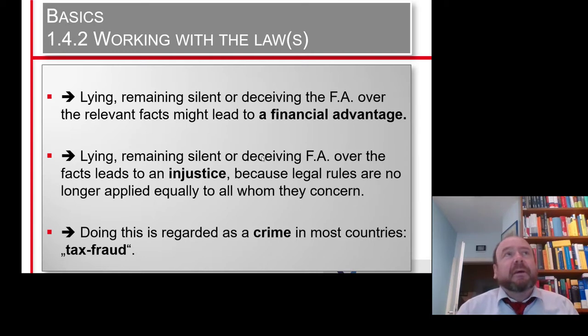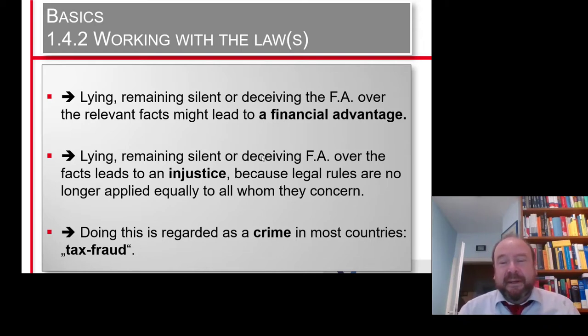Naturally, if you lie to them, and that entails a higher tax than correct, they would probably just regard you as an idiot and don't complain. For example, if you had an annual income of 100,000 and boast of having an income of 500,000, okay, then you get a big ticket, a big tax notice, and nobody would complain about that.